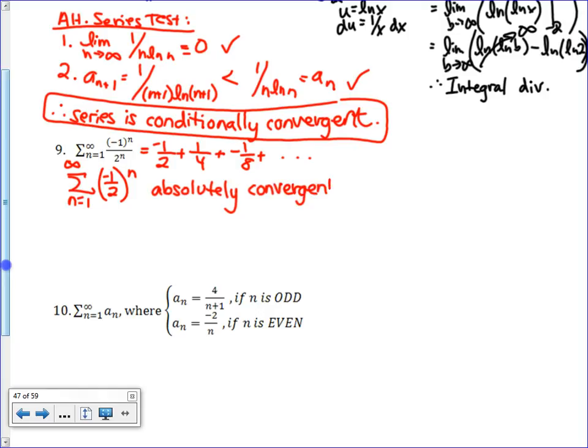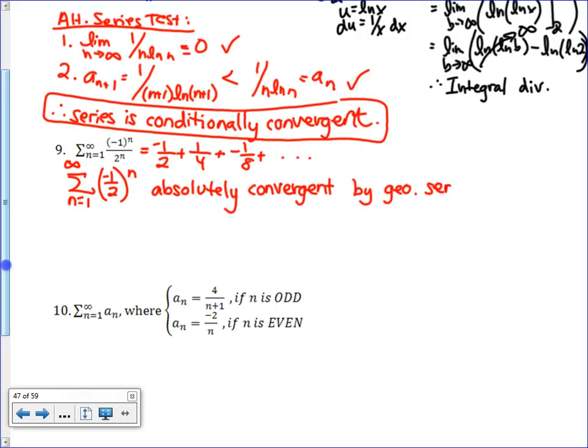Now, if you don't like me saying that, you could have thought of it as absolute value, which would have been 1/2 to the n instead of negative 1/2 to the n. And then you could say absolute value is convergent, so therefore the whole thing is absolutely convergent. But you could also think, wait, this is just geometric series test. I know that this is convergent and not conditionally. It's convergent all the way. That's how we could think absolutely convergent.